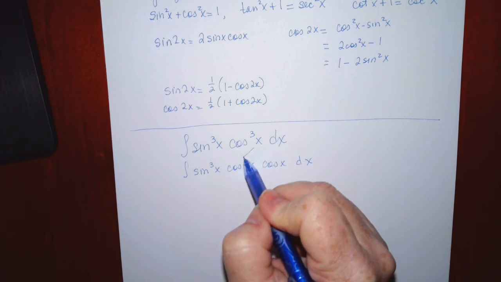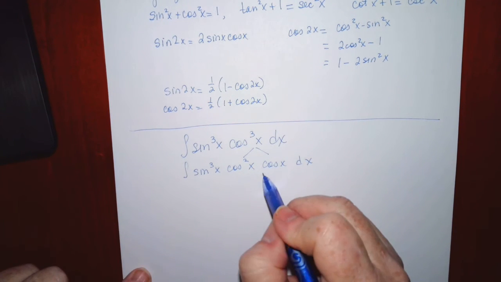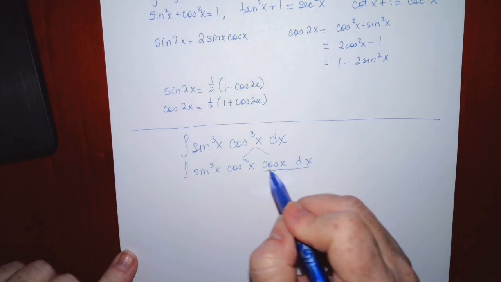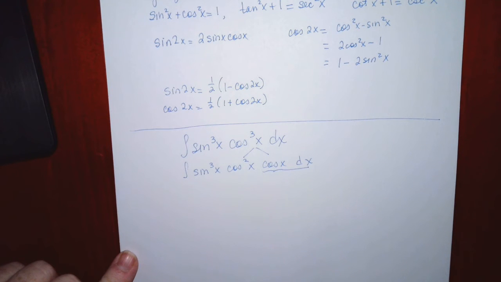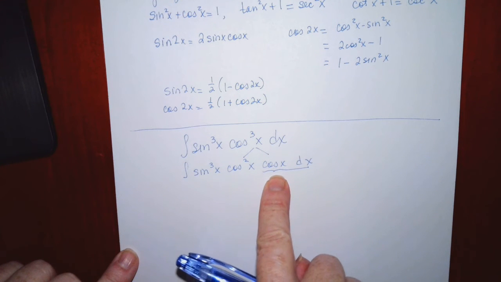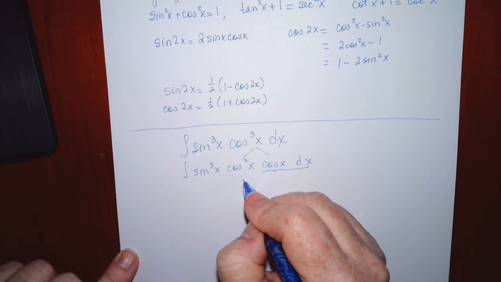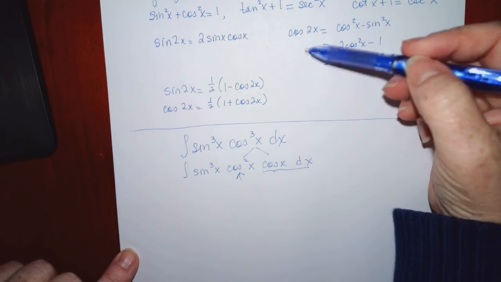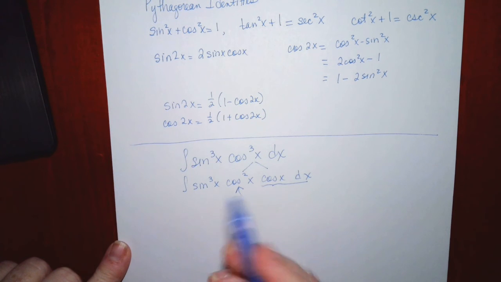So all I did here was I rewrote cosine cubed as cosine squared times cosine. If I pull off this cosine x, and I'm hoping that that is going to be my du, what must u be? Well, u would have to be sine x, because the derivative of sine is cosine. So if we pulled off one of these cosines, could we use any of these formulas up here to rewrite cosine squared in terms of sines?